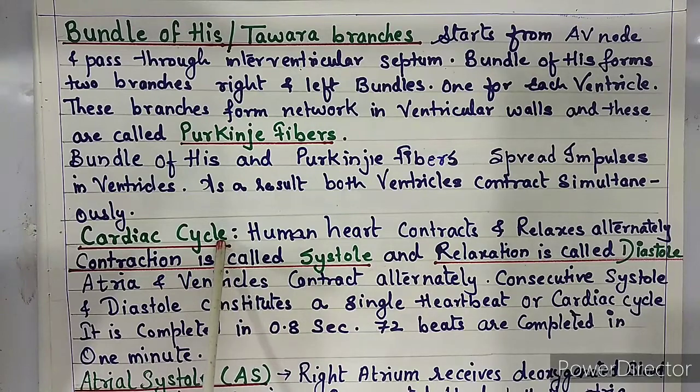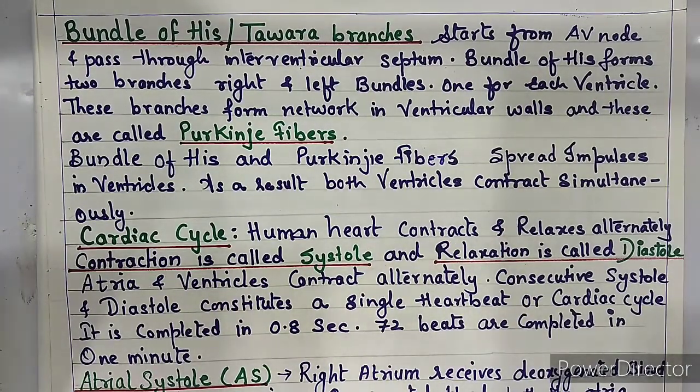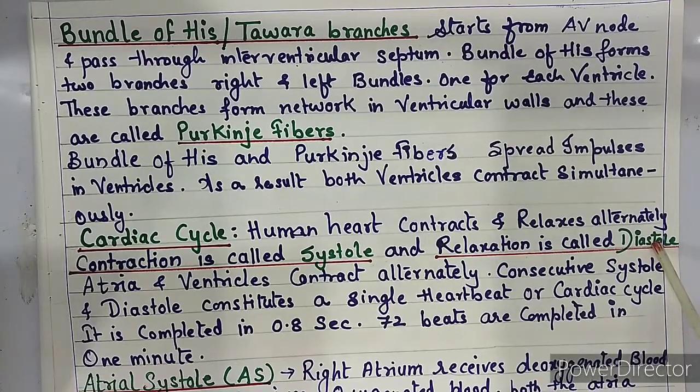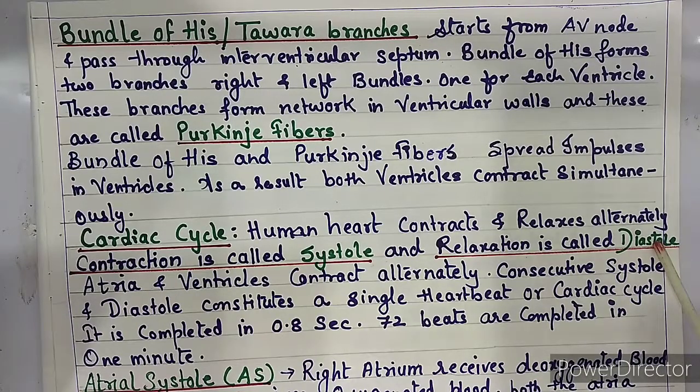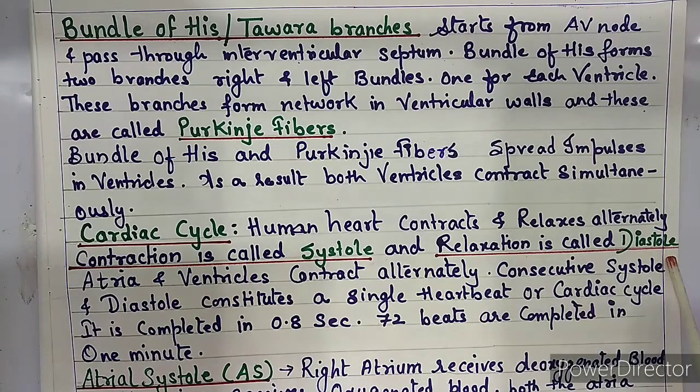Very recently we have studied that the human heart contracts and relaxes in an alternate, rhythmic manner. This contraction is called systole, and the relaxation is called diastole. The contraction of the heart muscles is called systole, whereas the relaxation of the heart muscles is called diastole.